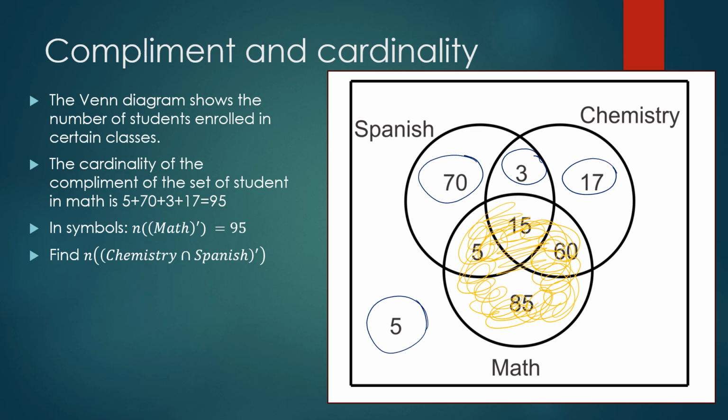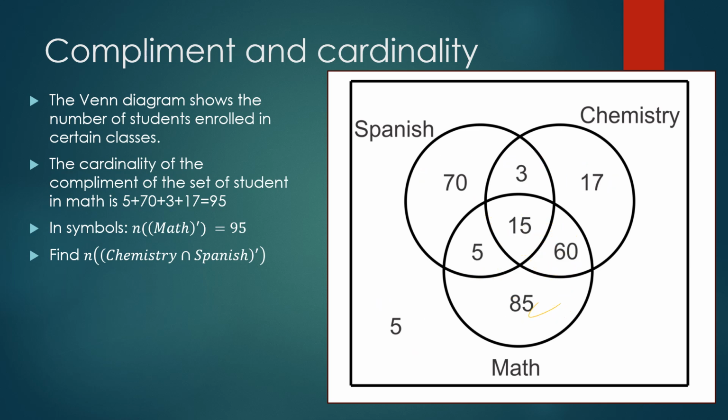If I were to write it in symbols, we would have n of math complement, where a little check mark is another symbol for the complement symbol right here. That means the complement is 95. Now let's go ahead and look at the complement of chemistry intersection Spanish. Let's erase all this.